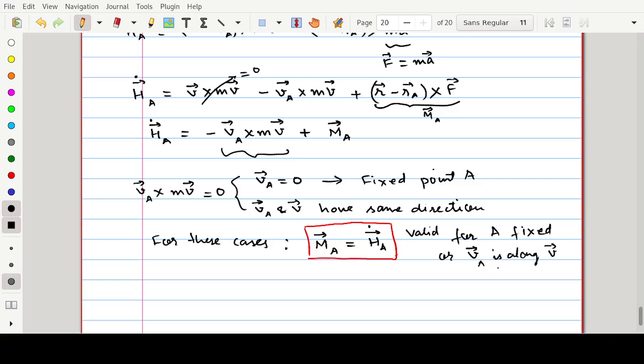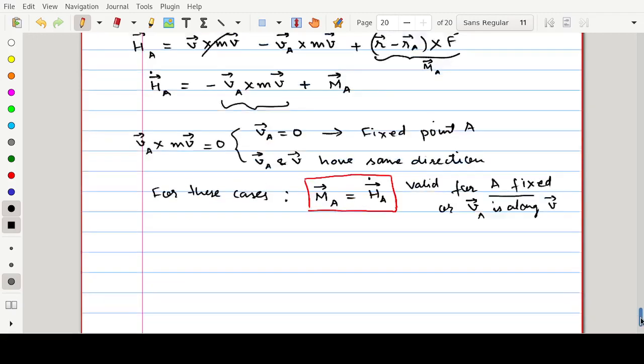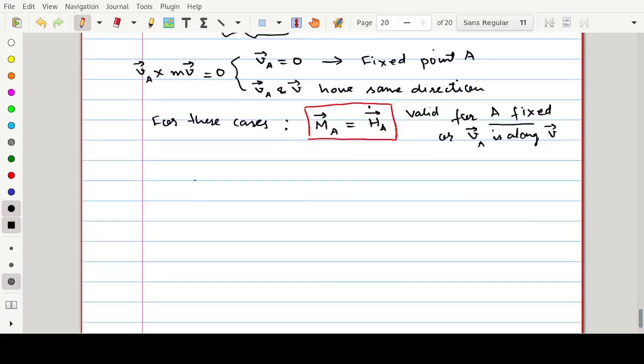Only then is this relation valid. The case that we usually see in problems is the one where we take A as a fixed point and use this relation. The second case is rarely used.